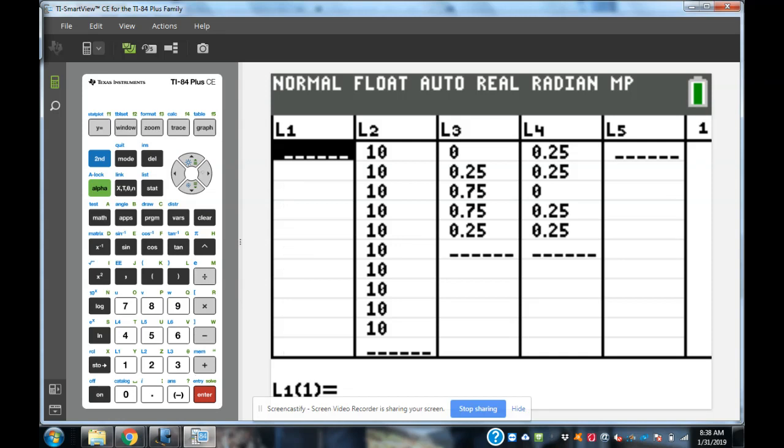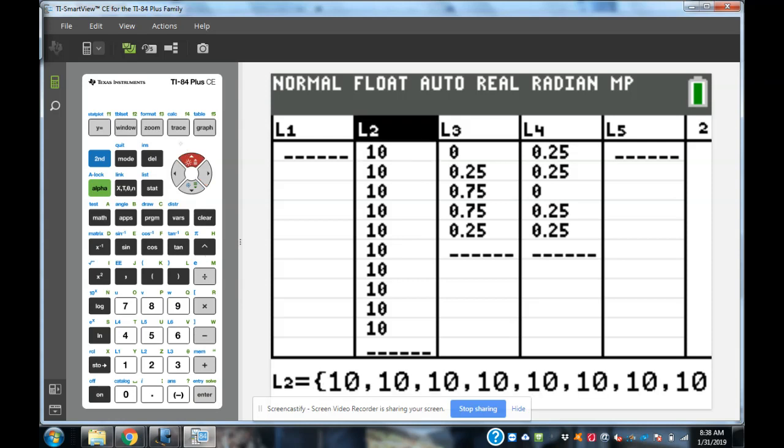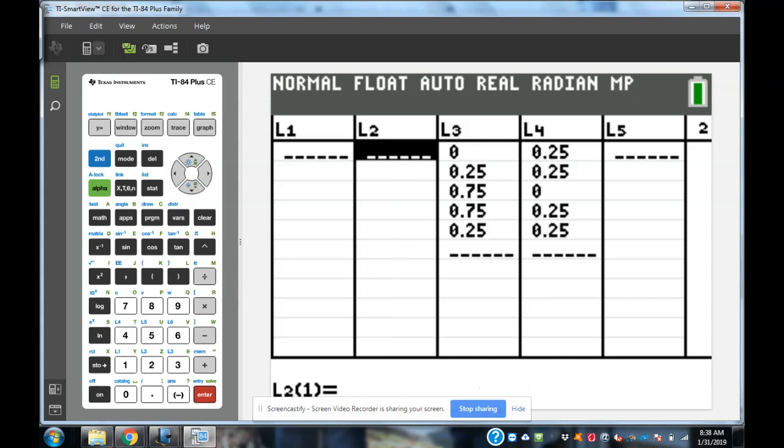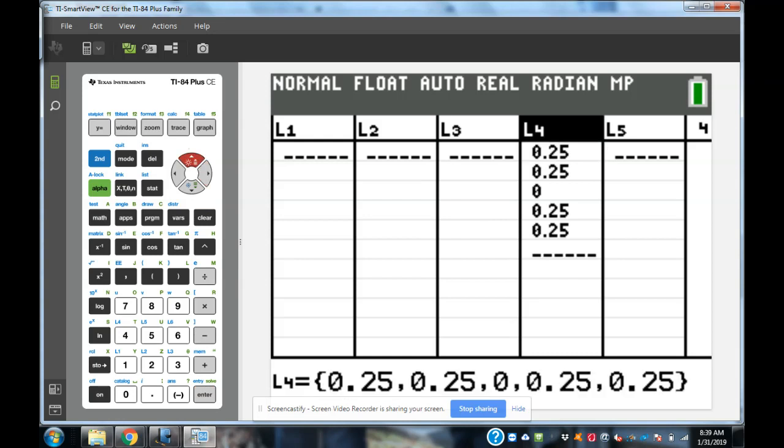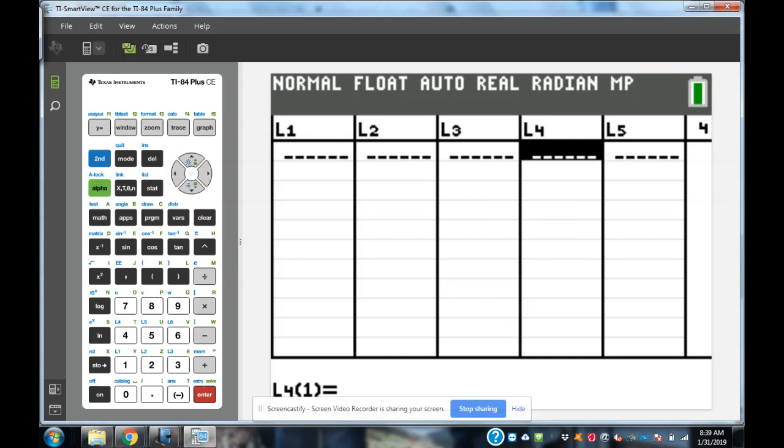I'm going to do that with list 2. I'm going to press over and then up until the name of the list is highlighted, and hit clear and enter, and it'll empty the list. You'll need to do that. It makes it easier on you as you go through practice to be able to clear out and put in the next set. So I'm going to clear out these others, not that I need L3 and L4, but just because it bothers me.